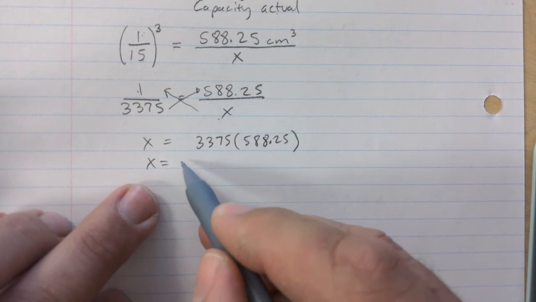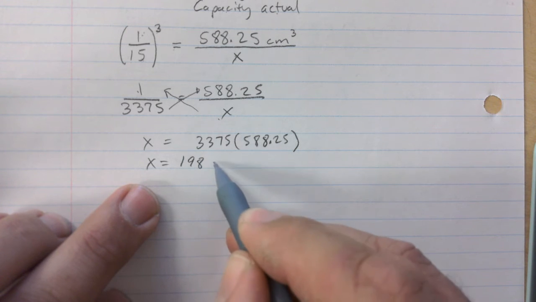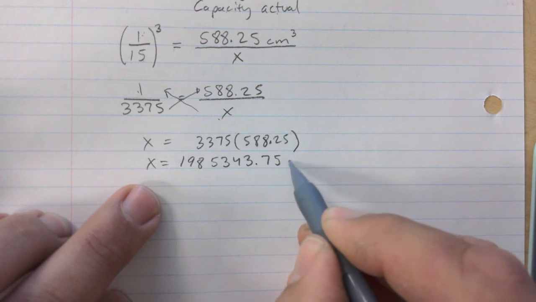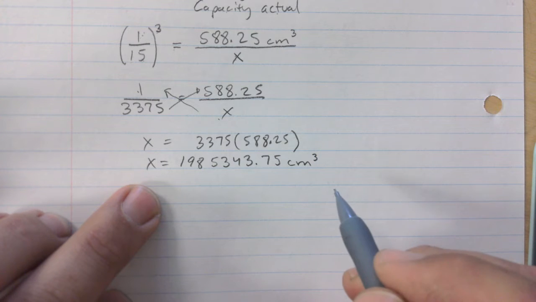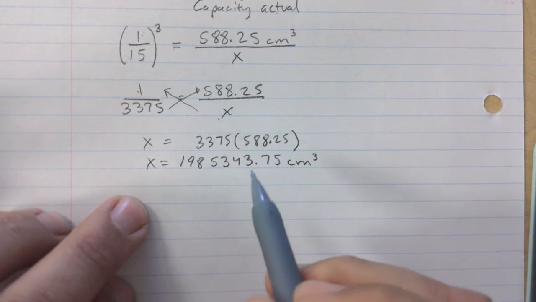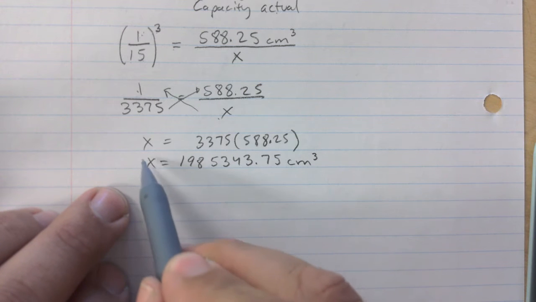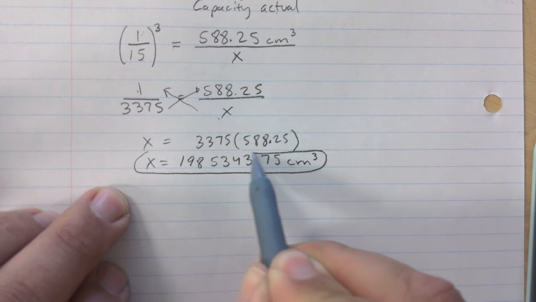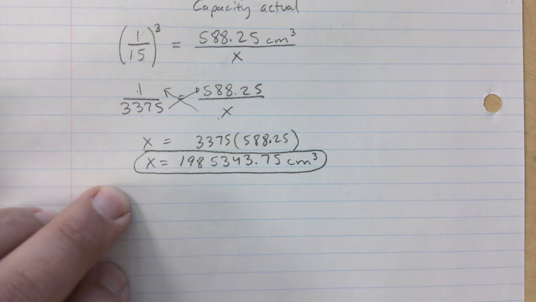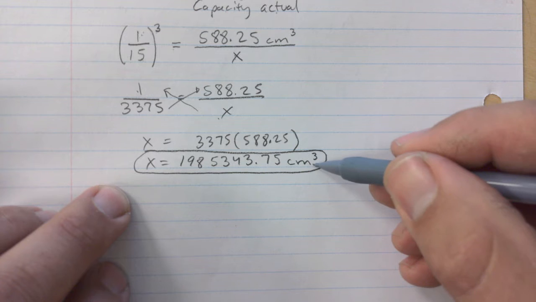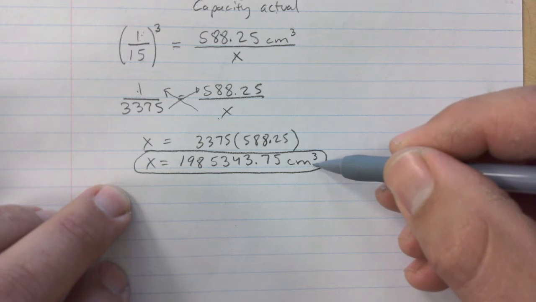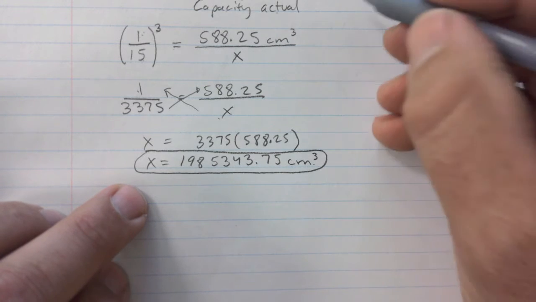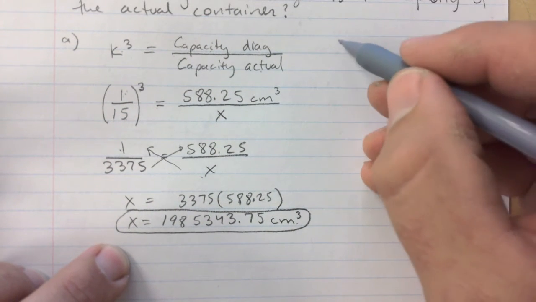And that is 1985343.75. I'm not going to get you to convert that just yet. I would technically say you should convert that to cubic meters, but we're not ready yet. So we'll just leave it there.